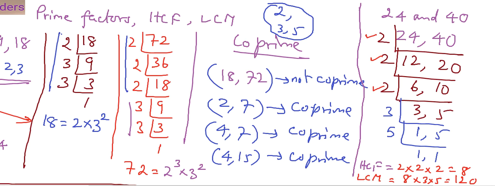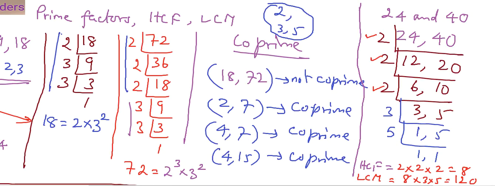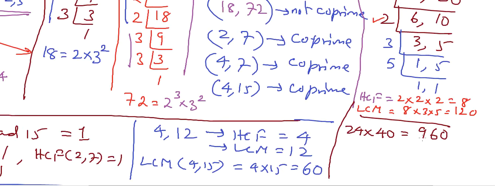Okay, let's find the product of the numbers. The numbers we have taken are 24 and 40. Let's multiply 24 and 40 now. 24 into 40 is equal to 960.